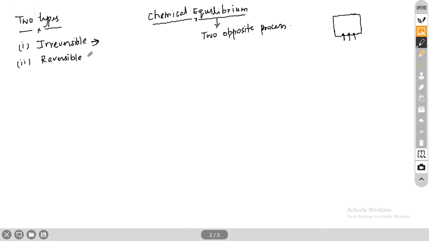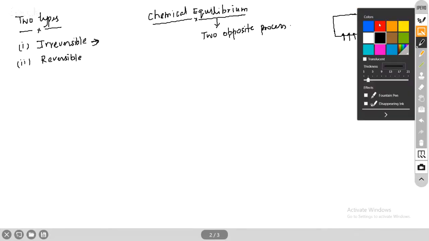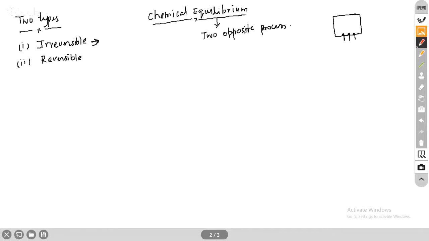A reversible reaction may go in both directions, the forward direction and the backward direction. In this chapter we will discuss only reversible reactions, because equilibrium is only possible in the case of reversible reactions. If the reaction is irreversible, unidirectional, then the possibility of equilibrium will not be there.